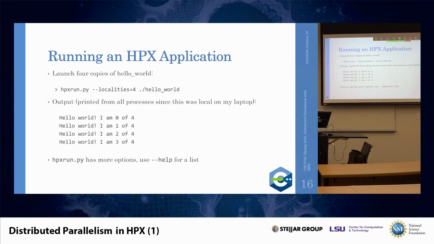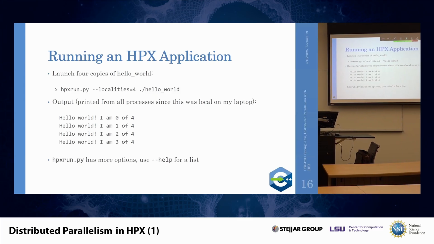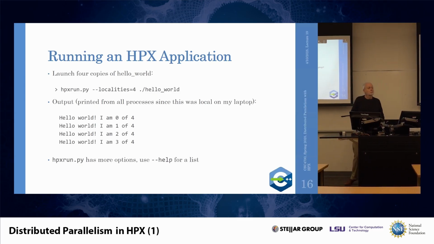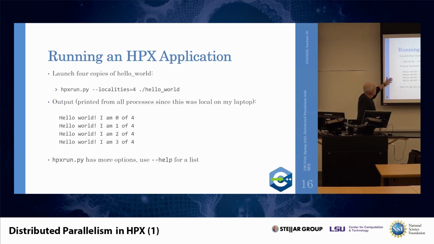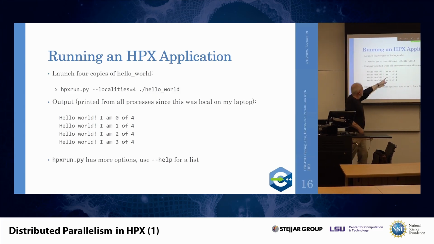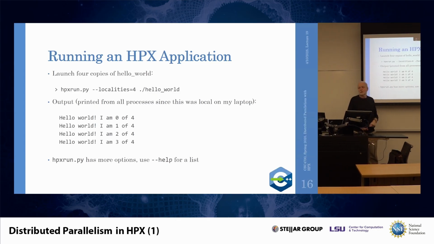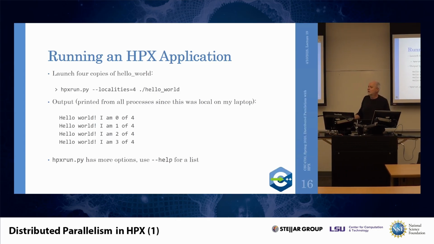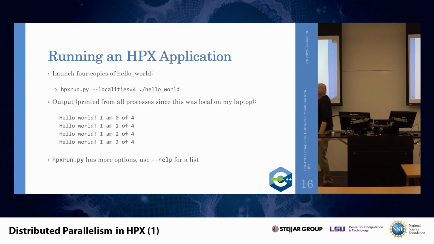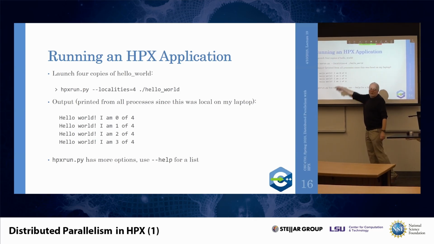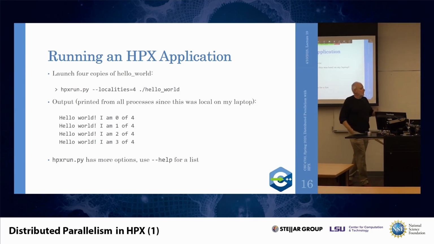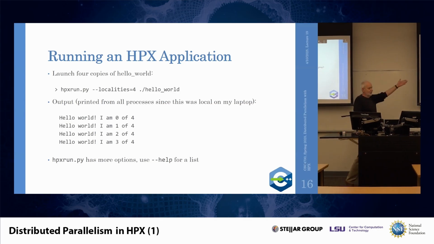So you could say hpxrun --localities=4 and then run Hello World. And that will run Hello World 4 times. As you can see, the sequence number will change for each of those localities because they are connected, and each of them will know that there are actually 4 connected localities. So you can launch these distributed applications with a single command line.